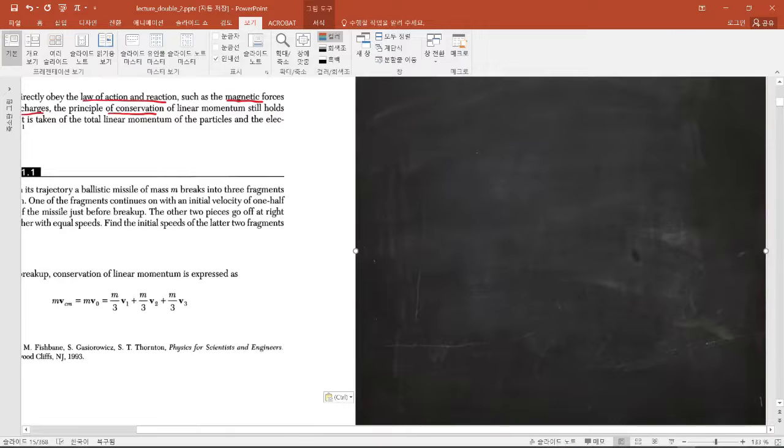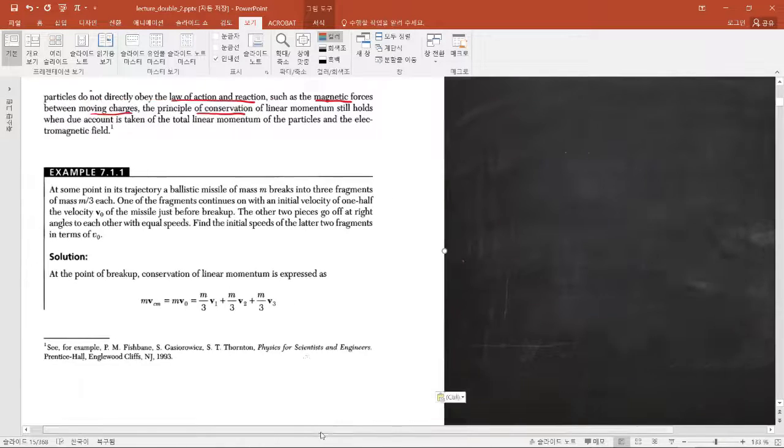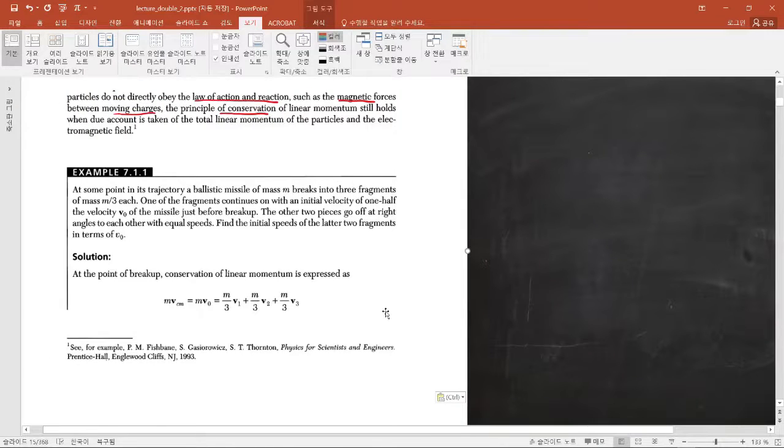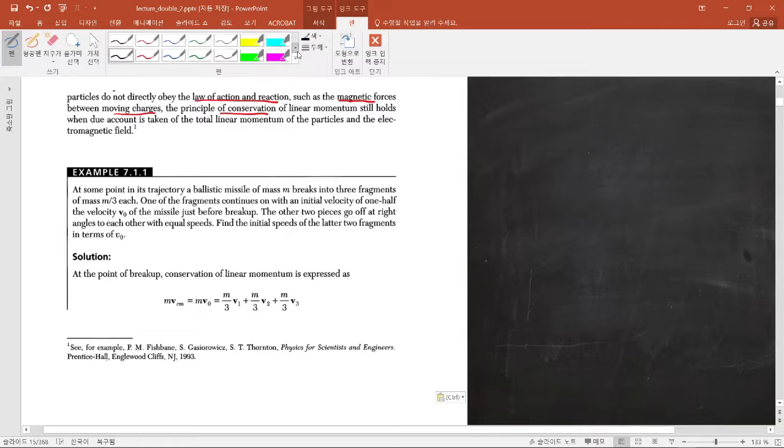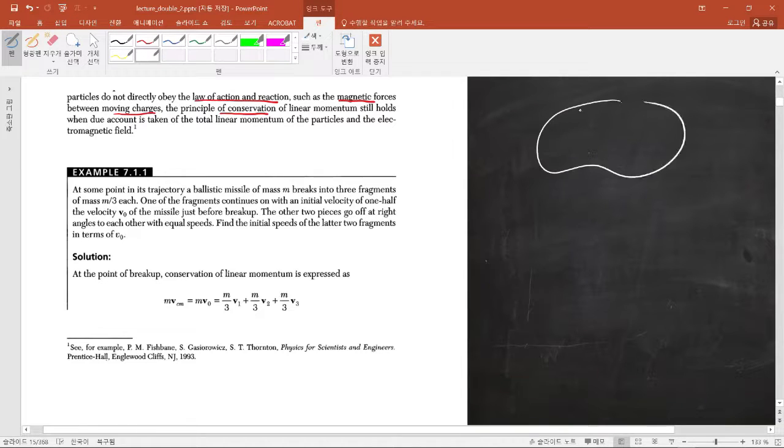So when you have a charged particle system, let's consider only two, but the general statement can be generalized to any n-particle system.